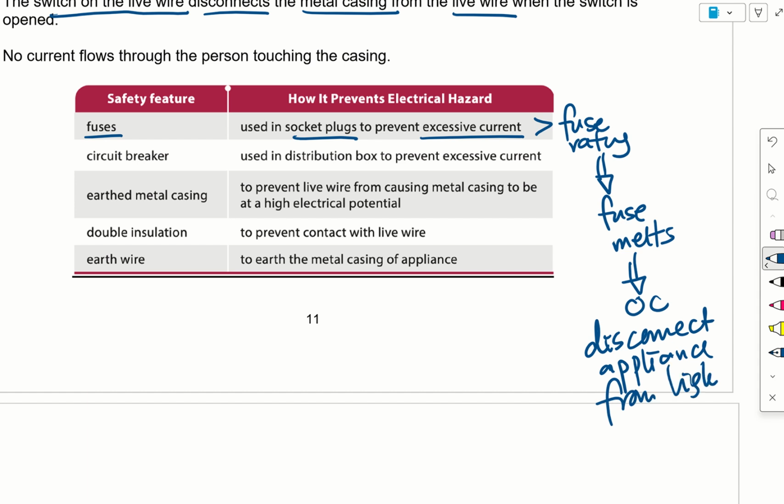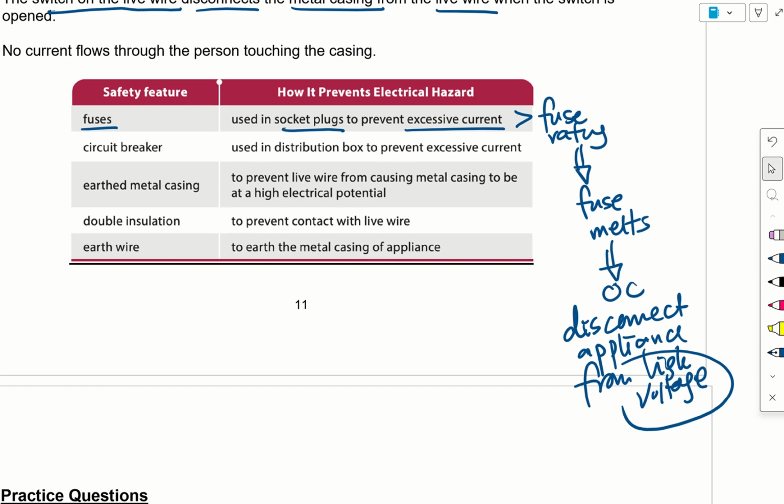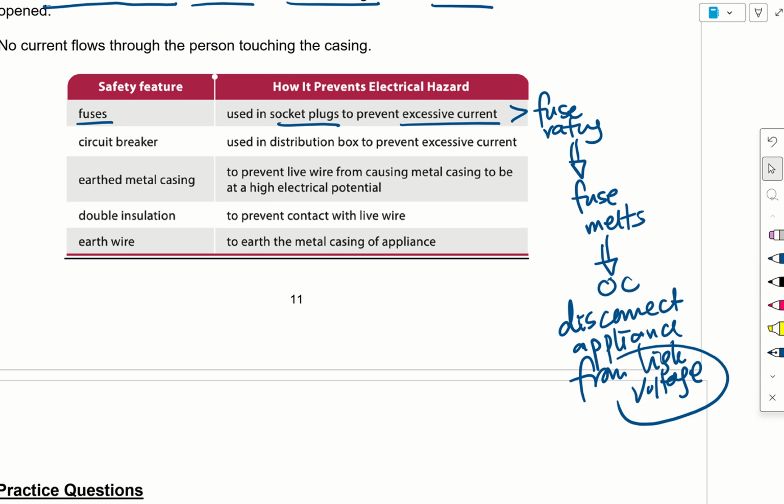Okay, so our purpose in safety is always that we are not in contact, or the appliances is not in contact with the high voltage when there's an electrical fault. Okay, so this excessive current can be caused by the appliances having an electrical fault.